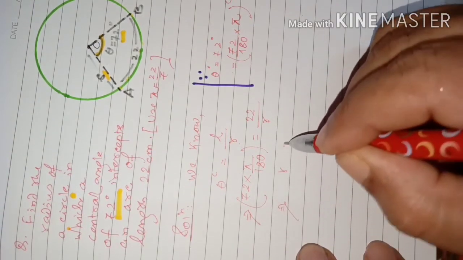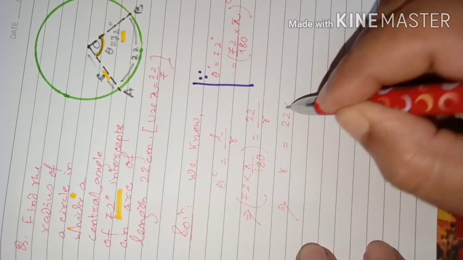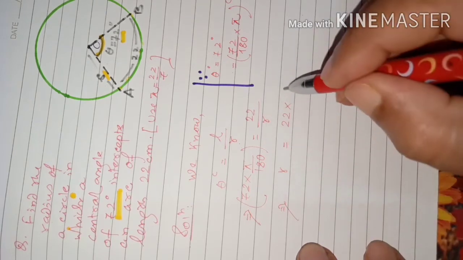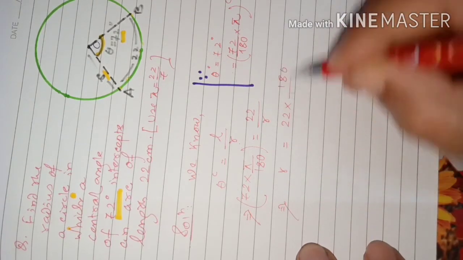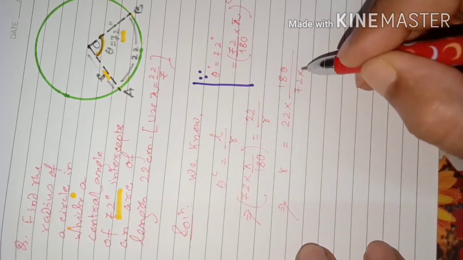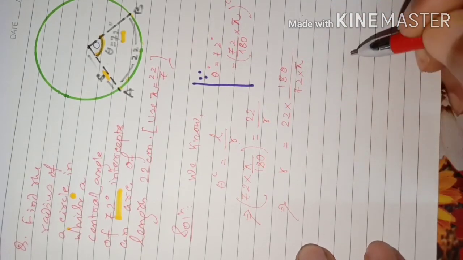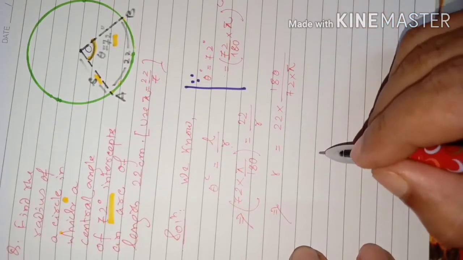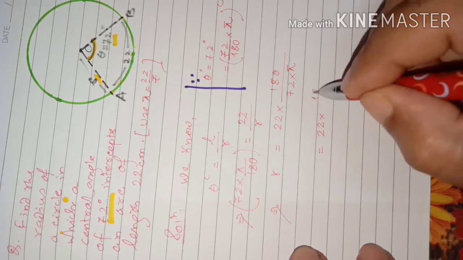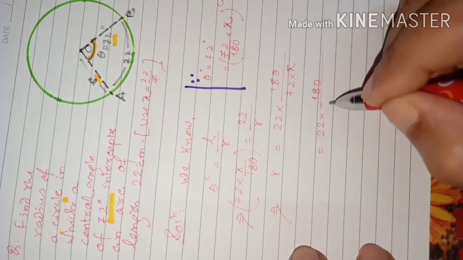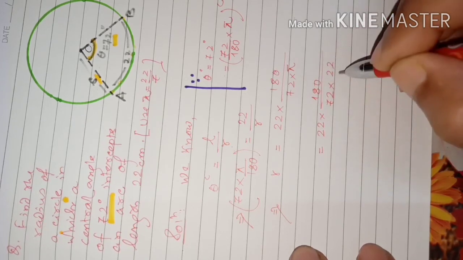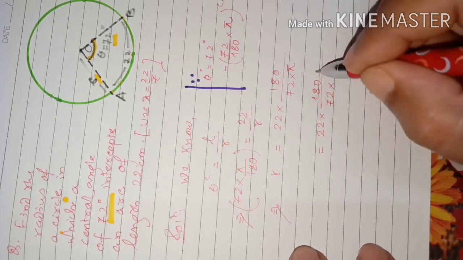R is equal to 22 into 180 divided by 72 into pi. Now the value of pi you can put: 22 into 180 by 72 into pi value is 22 by 7, that 7 will come here.